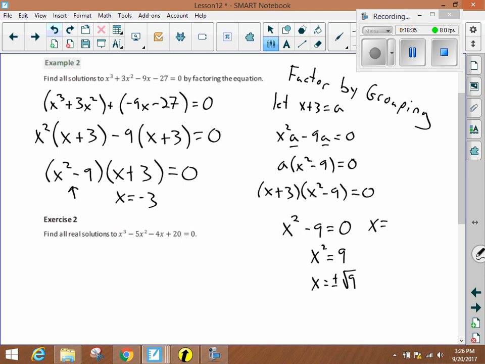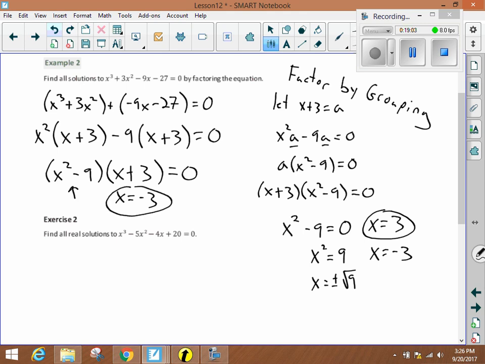X equals positive 3, which is the square root of 9, and x equals negative 3. So this particular thing has how many solutions? Only 2.